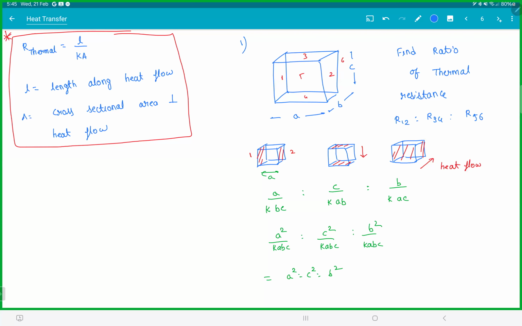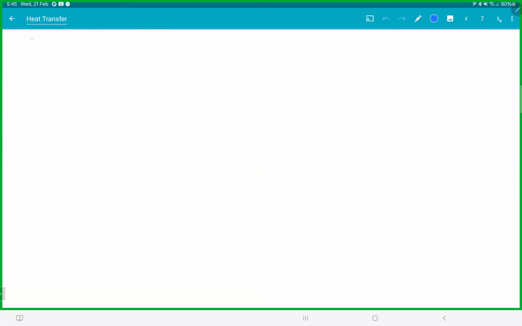Next thing. When do you say two resistors are in series? If they have the same current. So you say two resistors are in series if they have the same heat flow per second. So let's say we have a rod like this and we have a rod like this. Let's say length L1, conductivity K1, area A1, and length L2, conductivity K2 and area A2.